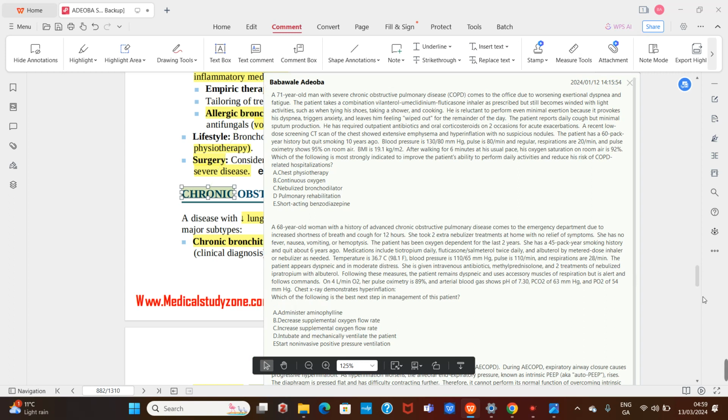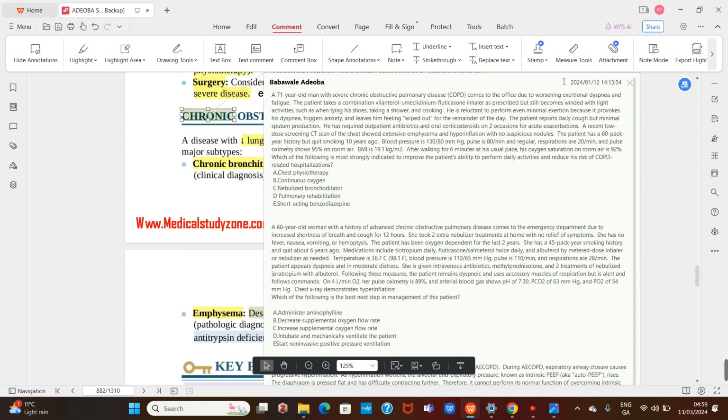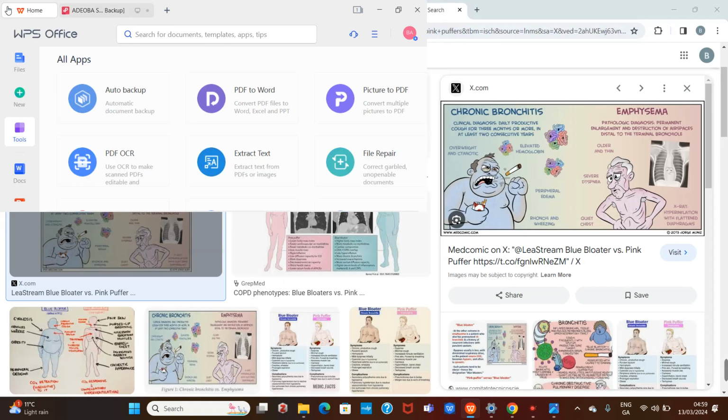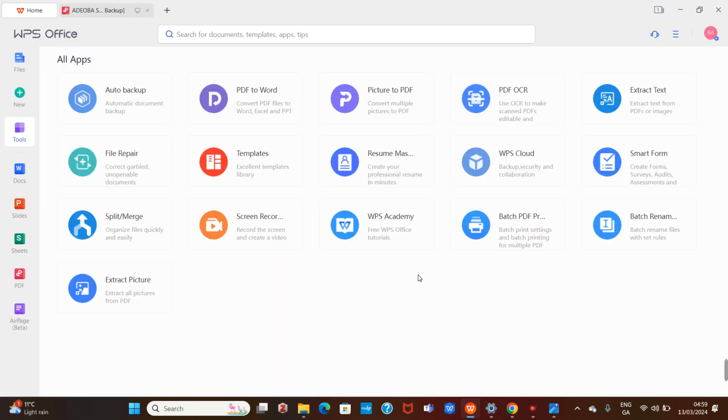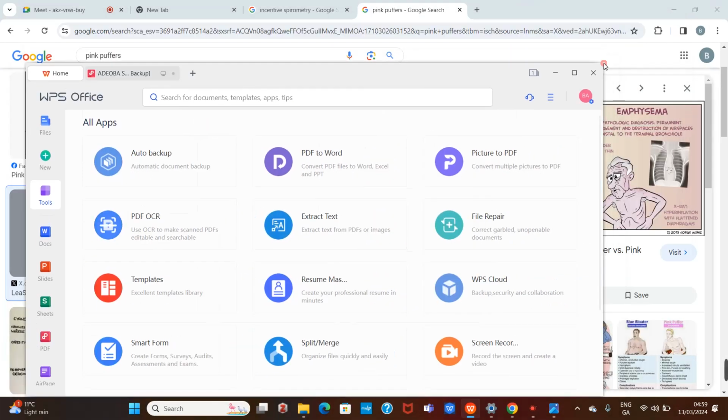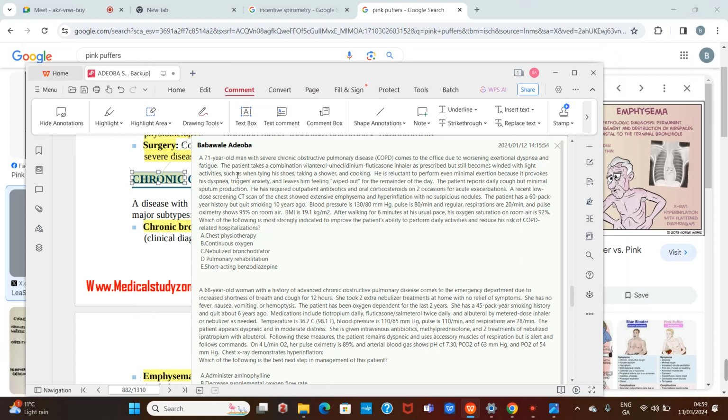Sorry, I'm battling with this thing to zoom in. Fine, we can manage. Don't stress. I can't expand this. Let me see if I can bring down this screen. What about now?